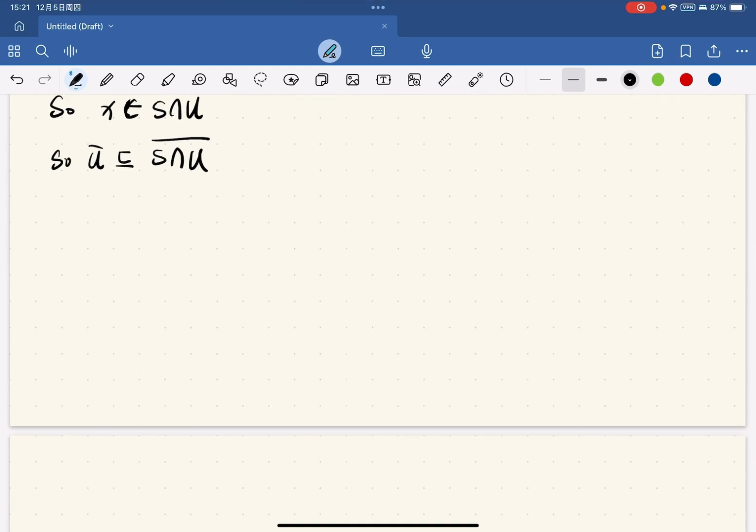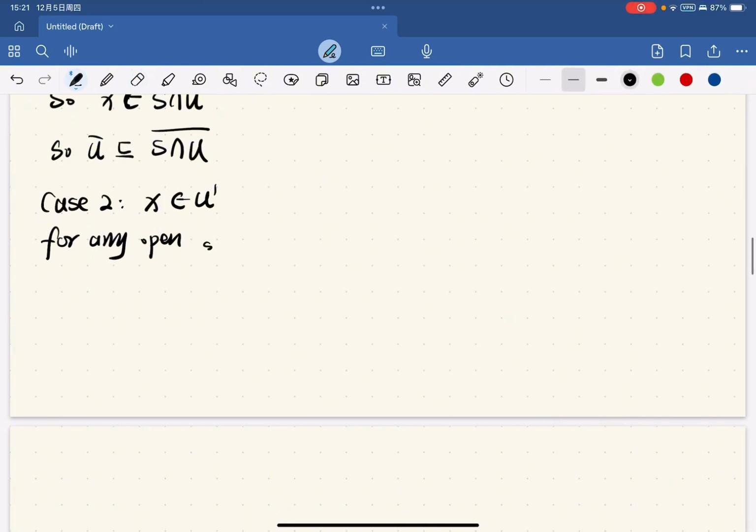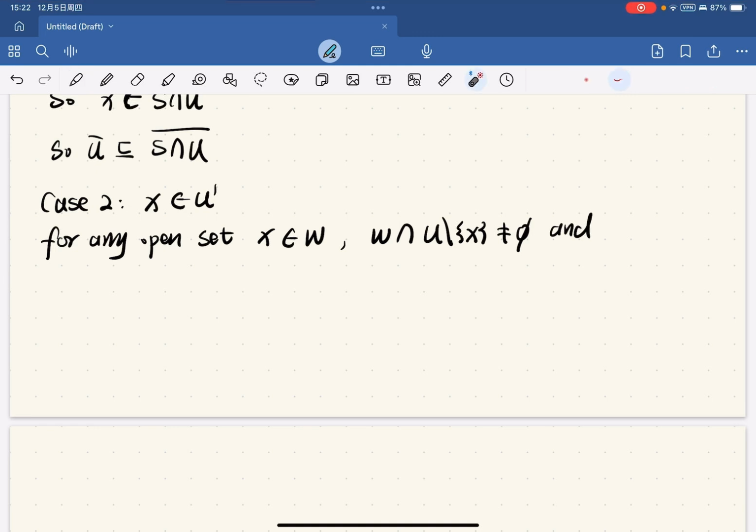And then case 2: x is a limit point of U. According to the definition of limit points, for any open set W containing x, the intersection of W and U excluding x is not empty, and this is an open set.